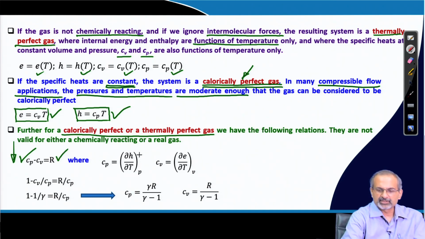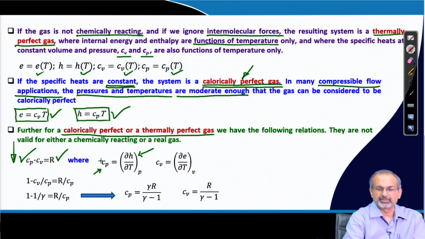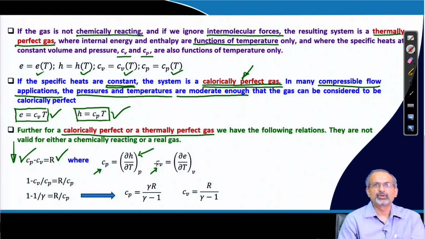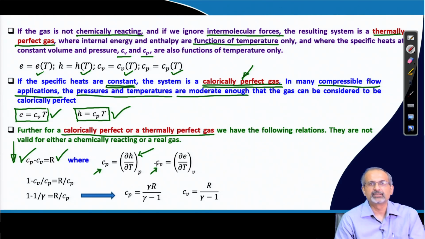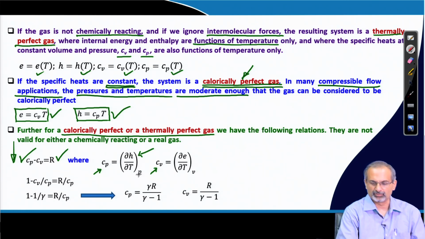And in this expression, how do you obtain Cp? If you take a partial derivative of enthalpy with respect to temperature at constant pressure, you get Cp. When do you get Cv, specific heat at constant volume? You get it when you are taking a partial derivative of the internal energy with respect to temperature at constant volume.